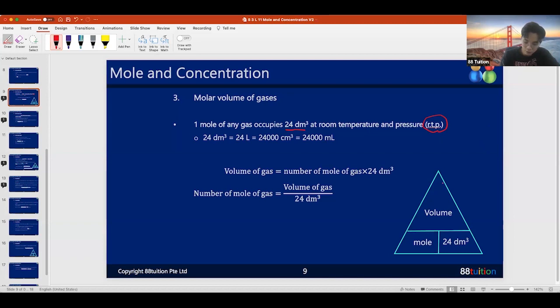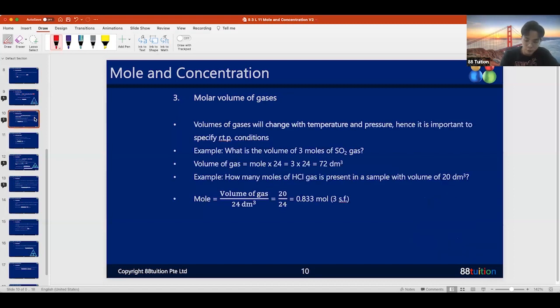So we can see here also the triangle. 1 mole times 24 dm cubed, you get the volume of that gas at room temperature and pressure only. Why must it be at room temperature and pressure? You probably learned previously that the volume of gas will change with temperature and pressure.